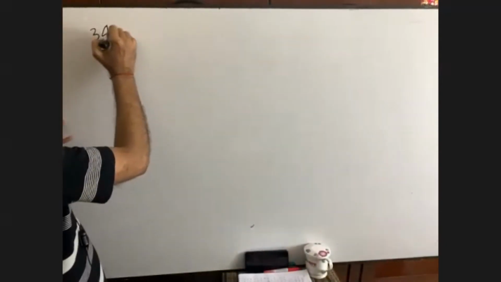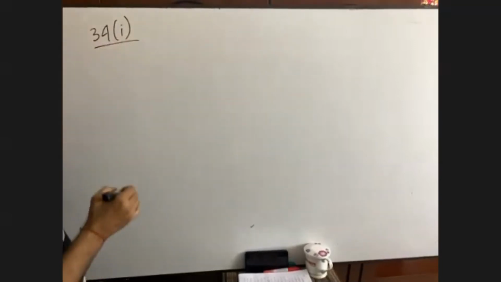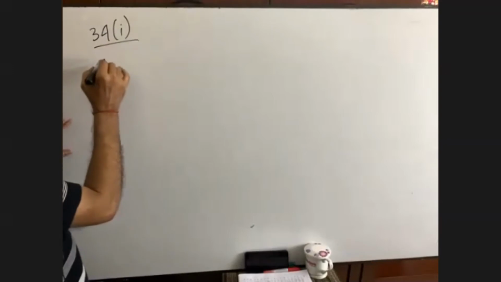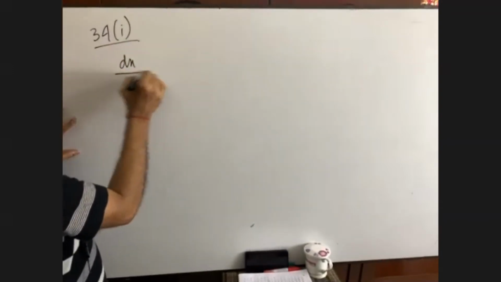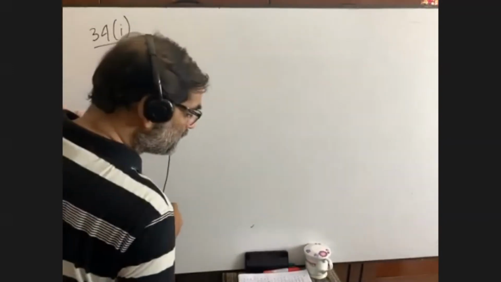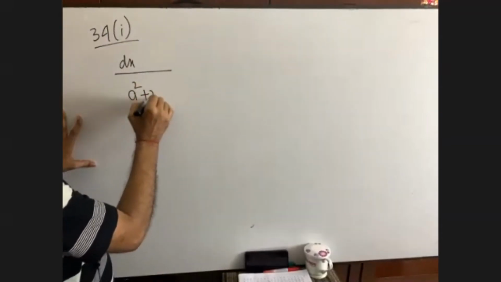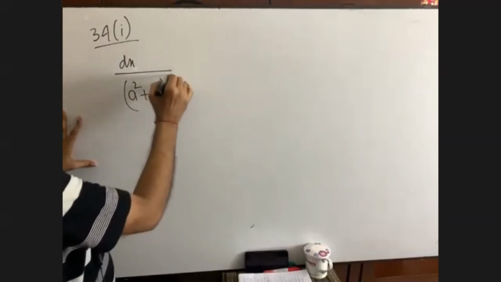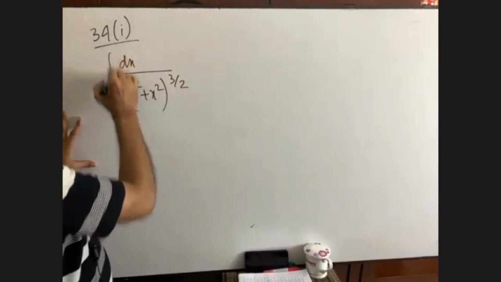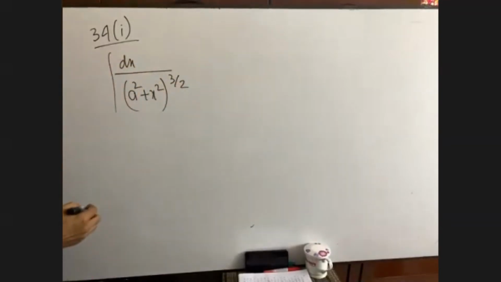Now going to question number 34.1. dx by a square plus x square whole to the power 3 by 2. This is the math.